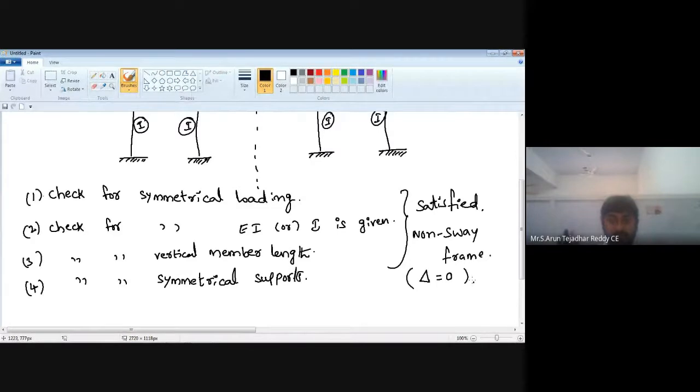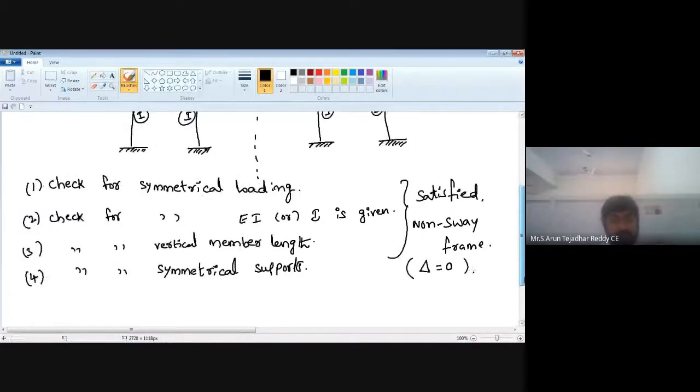This is our first condition. If the four conditions are satisfied, then it is a non-sway frame, in which deflection is always zero. Why? Because if these four conditions are satisfied, then it is automatically a symmetrical structure, and in a symmetrical structure we don't get deflection values.